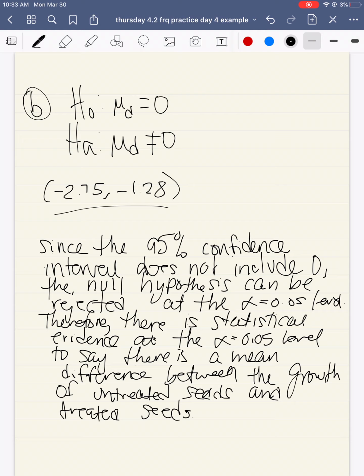So this interpretation here is the key to this problem. So again, there's no calculation involved because they ask you to use the confidence interval that you've already calculated. And the other piece here, make sure that you include your hypotheses, just because you are going to refer to your hypotheses in your conclusion, and if you don't have them, then I don't know what null hypothesis you're rejecting, so we need to make sure that we include those.